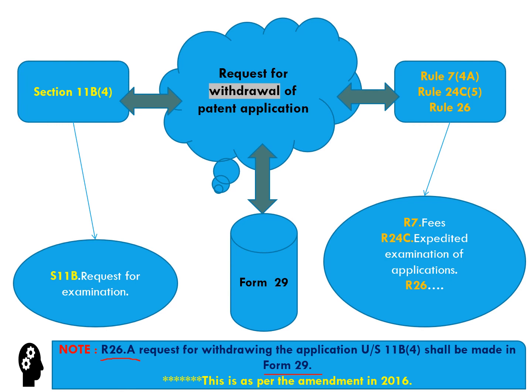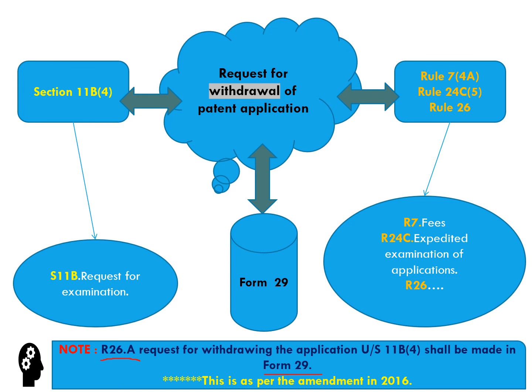If you want detailed information on this, go to the Act, and there you can find what was written earlier, what was done before the amendment and what is the statement after the amendment, as per the amendment in 2016. This you can easily find in your Act.